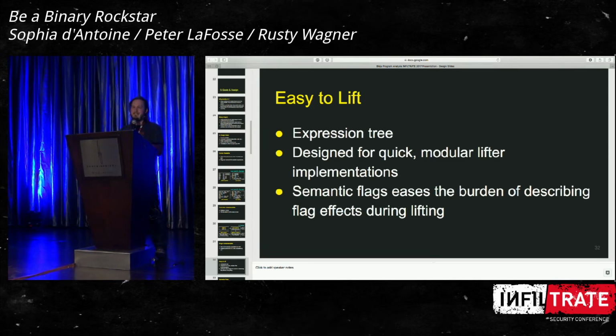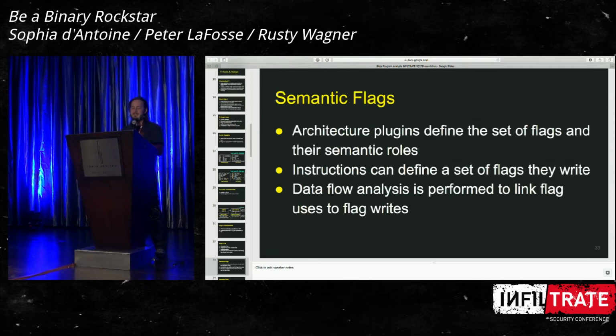And we also created this thing called semantic flags, which greatly eases the burden of performing flags lifting on native architectures. So semantic flags is basically the architecture plugin defines a set of flags and what their semantic roles are. And for every instruction, you define what flags that writes or reads. And then we perform data flow analysis to actually link every flag, anytime you read a flag, to where that flag was written.